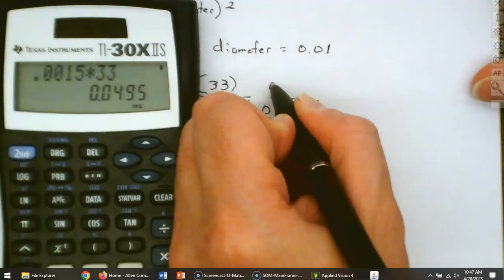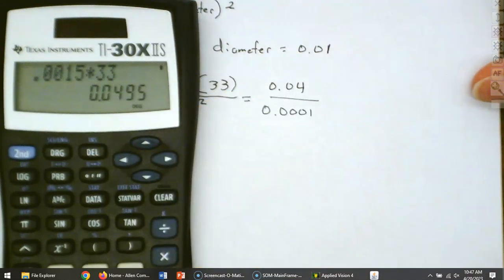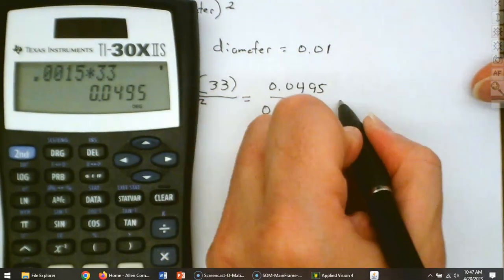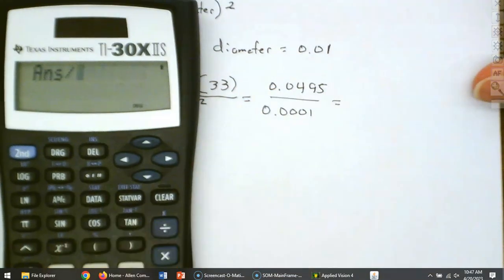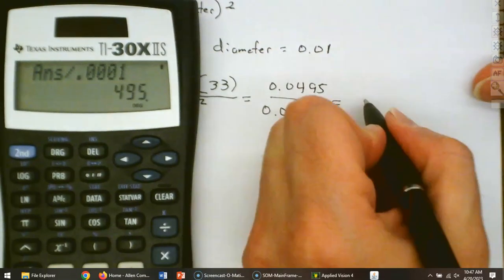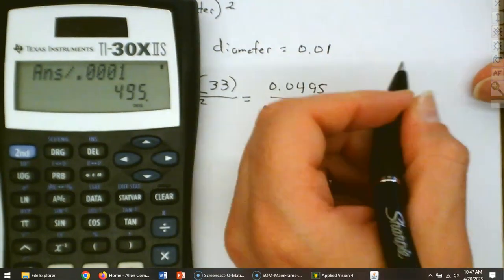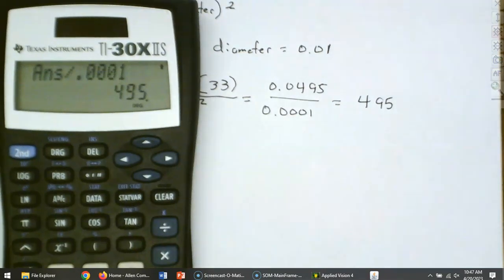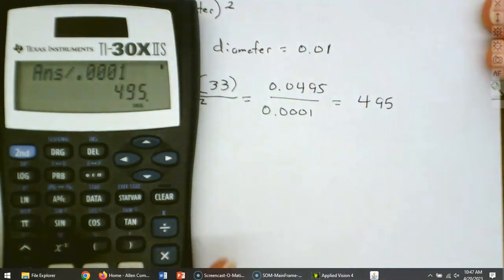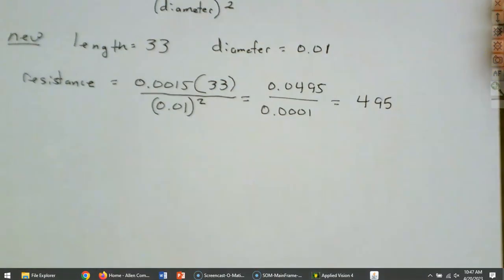And that is 0.0495. We'll divide out by that 0.0001. And that gives us then our final answer of 495 ohms.